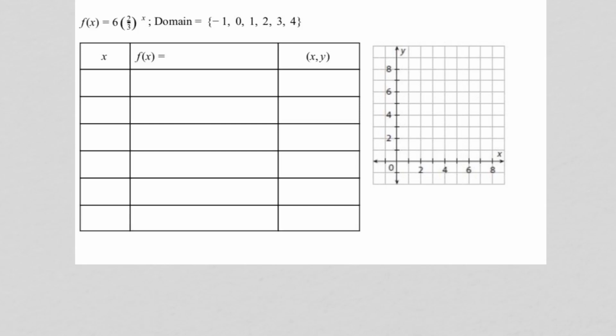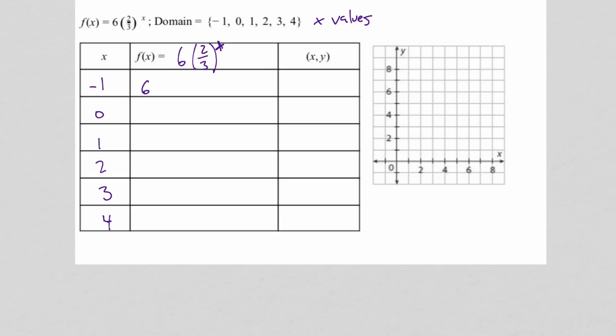Going further down in our examples, if our domain, remember domain are just all the x values, so -1, 0, 1, 2, 3, and 4. And the formula is 6 times 2/3 to the x power. And then I just plug in a -1.